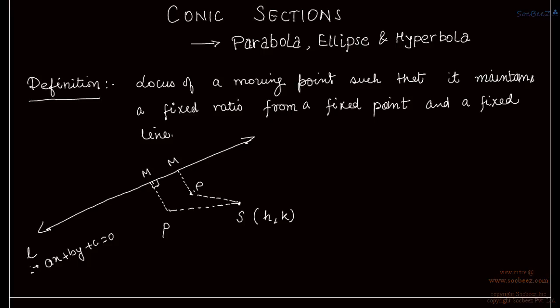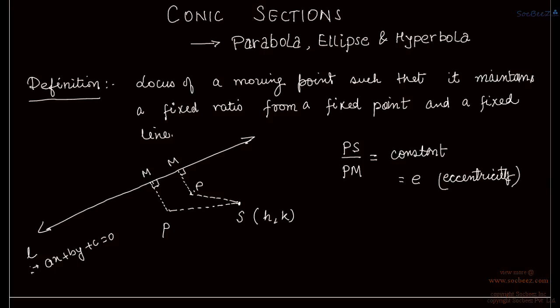So point P moves in such a way that its distance from a fixed point maintains a constant ratio with its distance from a fixed line, this line. That means PS upon PM is always constant. Okay, we name this constant as e and call it eccentricity.